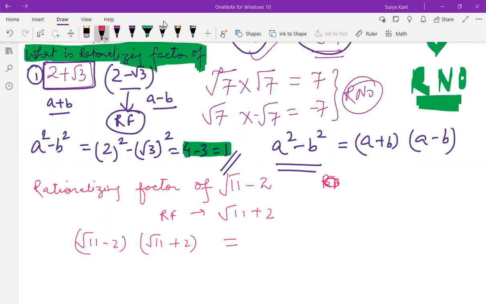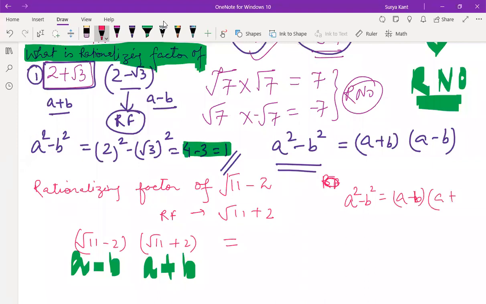How 0? This is A minus B form. This is A plus B form. So remember, children, it is A square minus B square. Sir, it is 121 minus 2. Yeah, 121 minus 2.